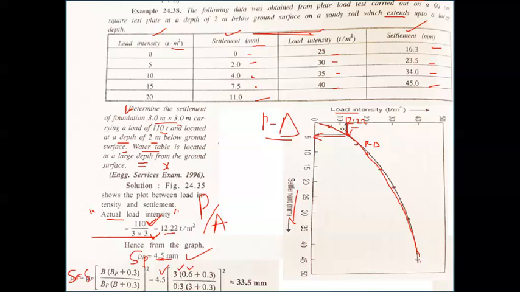0.3 is nothing but the plate size, 0.3, right? Then 3 plus 0.3, where 3 is the width of the footing.